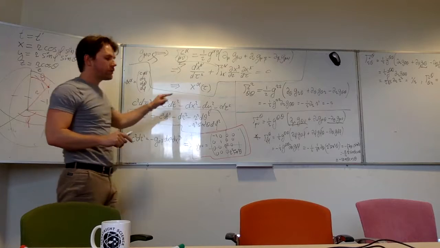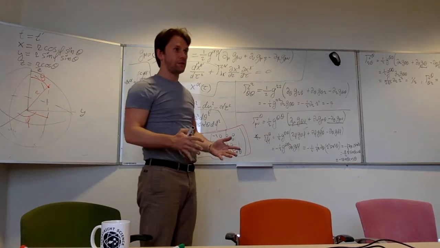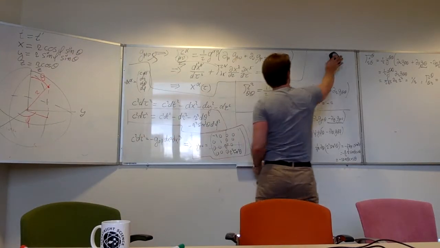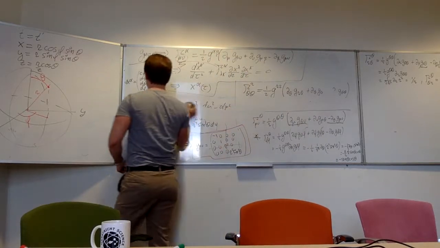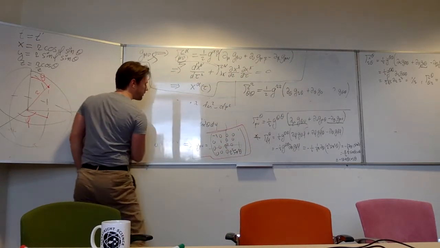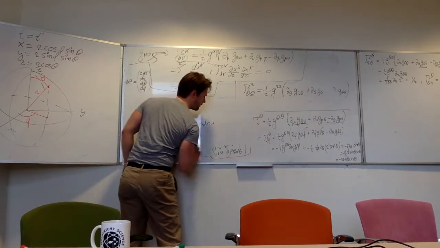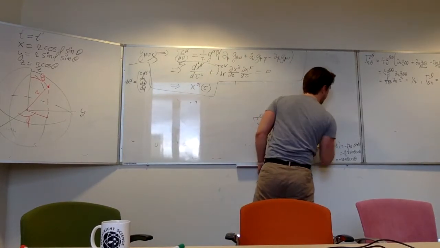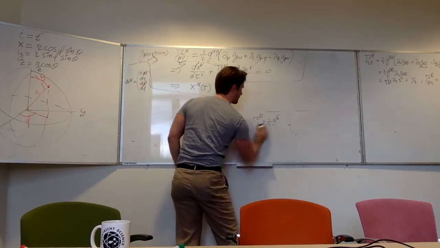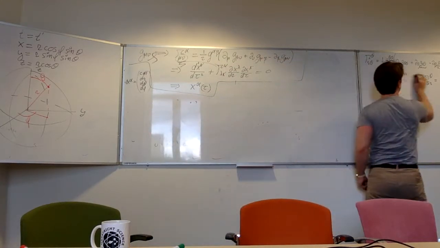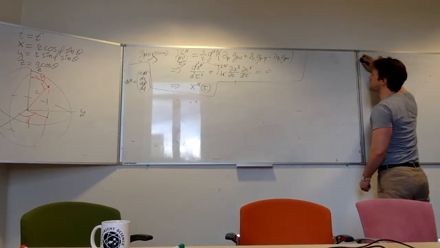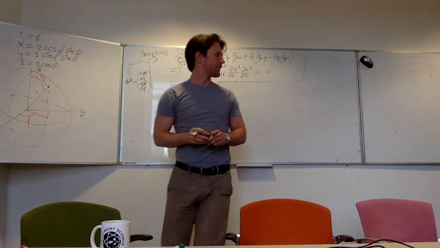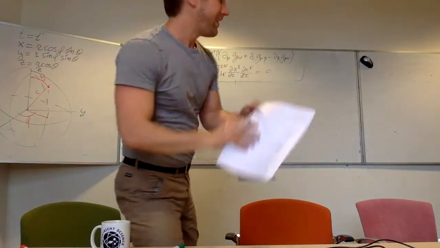Now let's take the Christoffels that are over here as givens. So I'm going to erase this. And let's take all the non-zero Christoffels. Just go to calculating them all. Sure, go ahead.